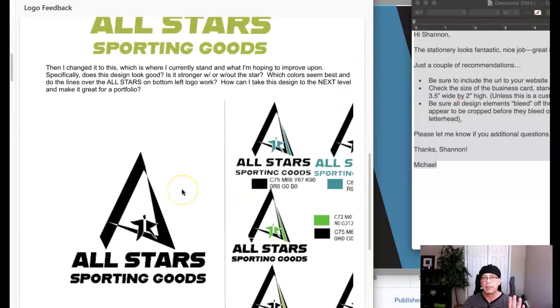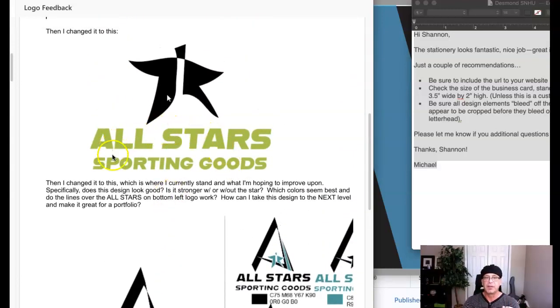So my recommendation is this. I like this typography. I think the typography is good, and I like this relationship here. My recommendation is to try to create some sort of an abstract star or some other mark that works well without trying to, what's that word, I forget the word, but it's putting human characteristics on an element.